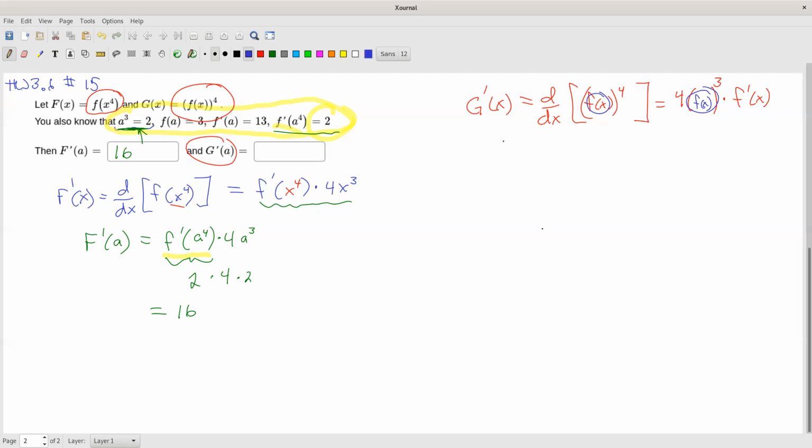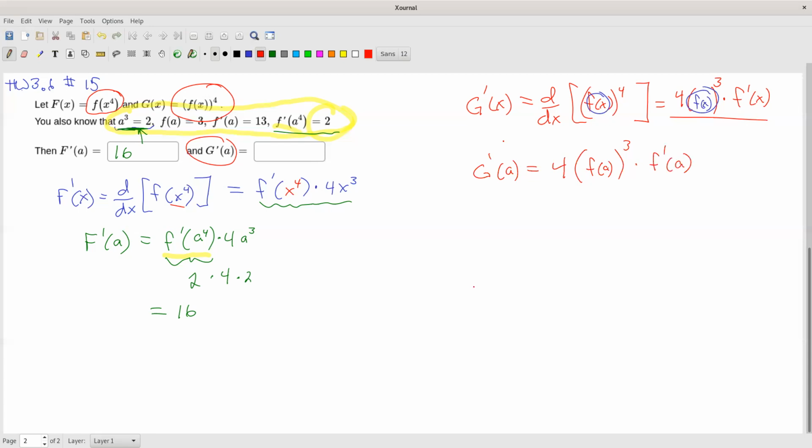All right, so then we rewrite that with a's. So switch back to red here. G prime of a should be from that 4 times parentheses cubed. Inside the parentheses go f of a times f prime of a.